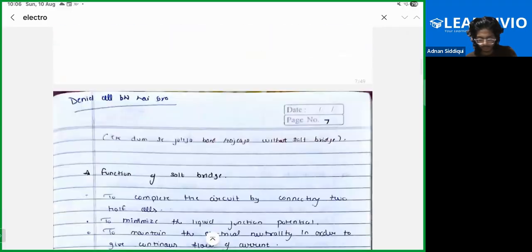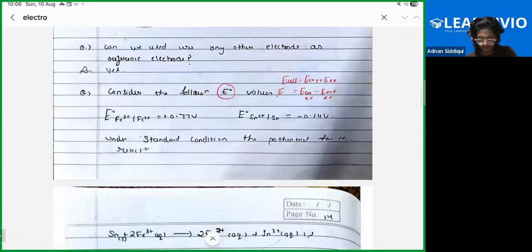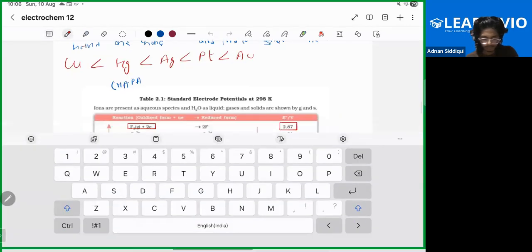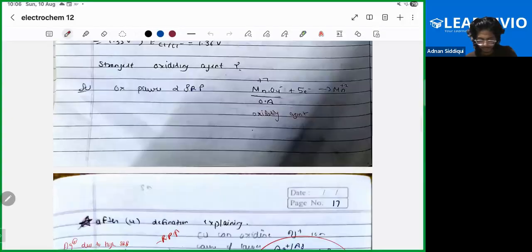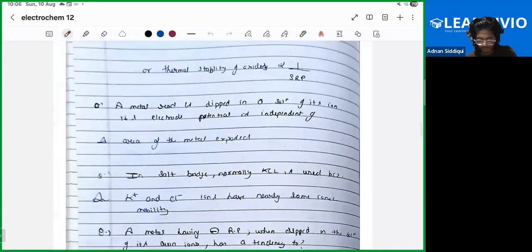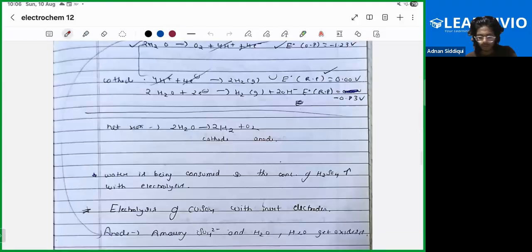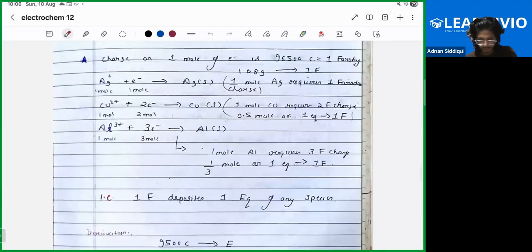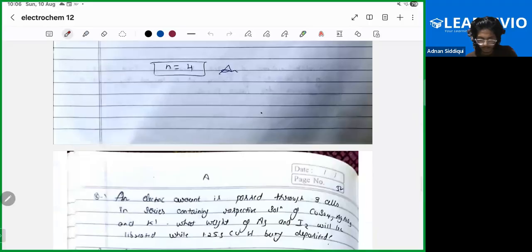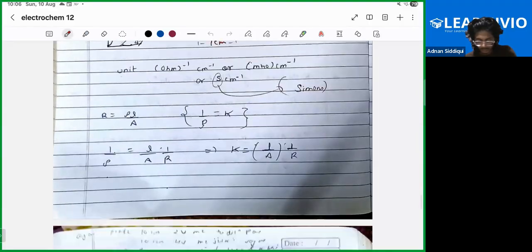For example, there are some questions as well that you can take reference of.